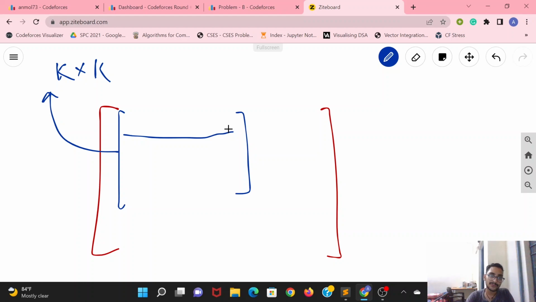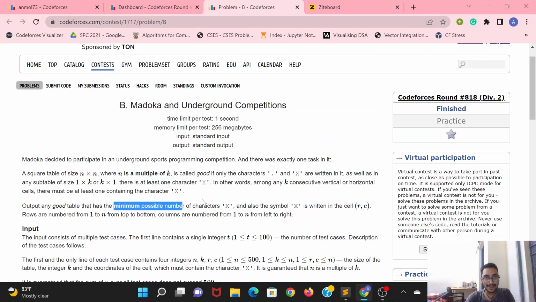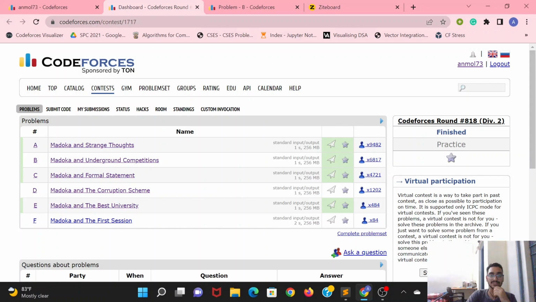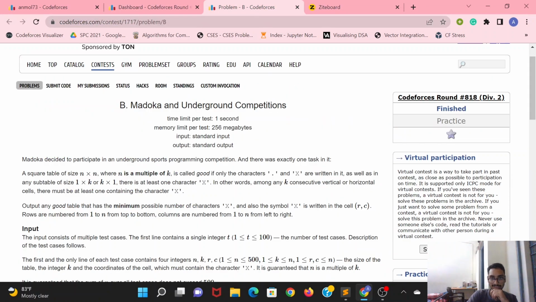The first row is a thing of 1 by k, because we have assumed the matrix is of size k. Now we need an x in this. We want to minimize the number of possible x's in this. Okay. And also one more thing which has been given is that there is a cell r comma c given, which has a symbol x in it.